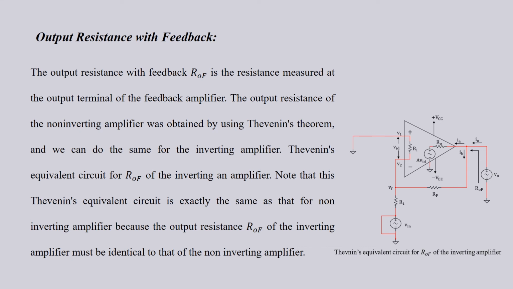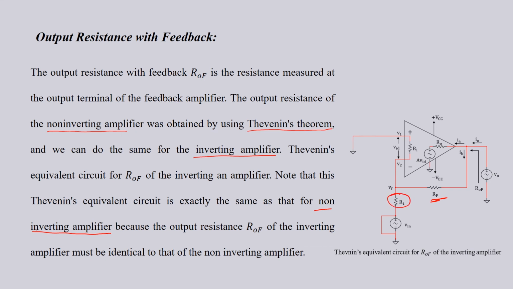The output resistance of the non-inverting amplifier was obtained by using Thevenin's theorem, and we can do the same for the inverting amplifier here also. Note that the Thevenin equivalent is exactly the same as for the non-inverting amplifier. You can see here it's RF and R1.